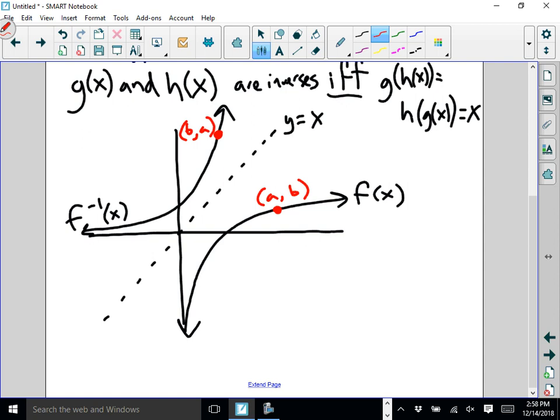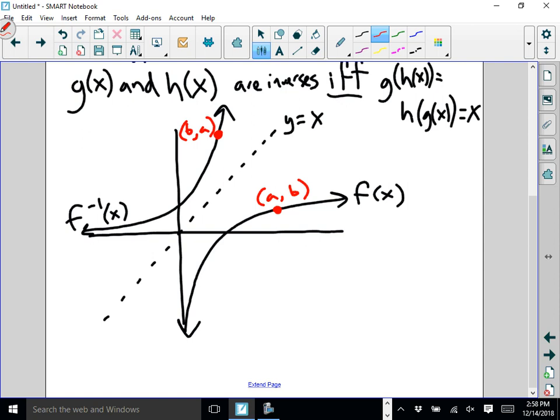Now what happens then is the slopes of the tangent lines at those corresponding points, notice they are not the same x value. That's going to be very, very important. On f of x, the x value is a, but on f inverse, the x value is b.